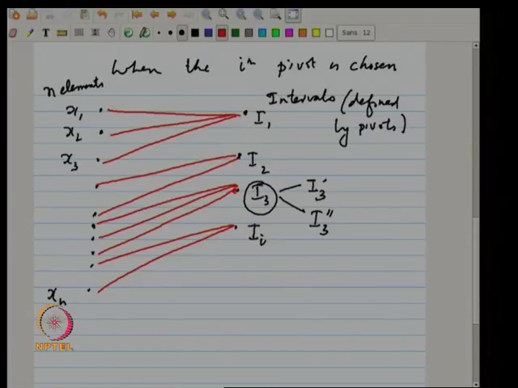Once the ith pivot was chosen, these 3 elements get redistributed into these 2 intervals. So the graph now gets modified, where we have I3 prime and I3 double prime, and then these get redistributed.